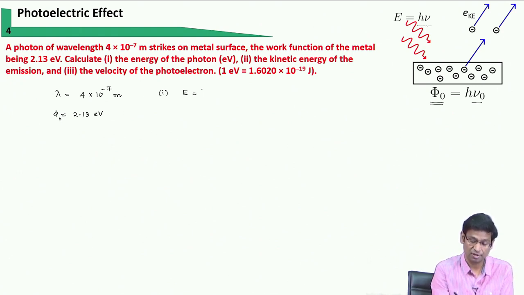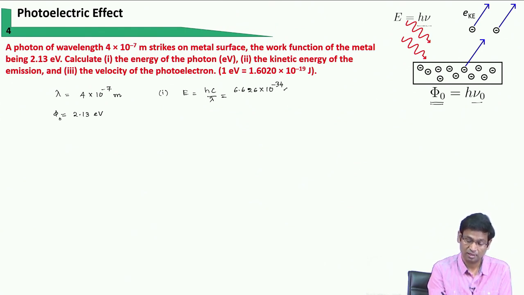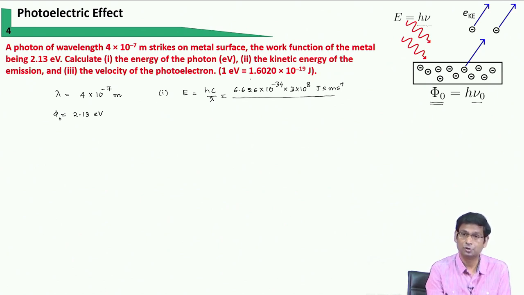Energy of the photon E is hc by lambda. You see that we are often using the multiplication of these two constants, hc, 6.626 into 10 to the power minus 34 into 3 into 10 to the power 8 joule second meter second inverse. So, it is a good idea to actually remember the result of this product hc in joule meter units, so that you can directly use it and you will be faster to solve problems.